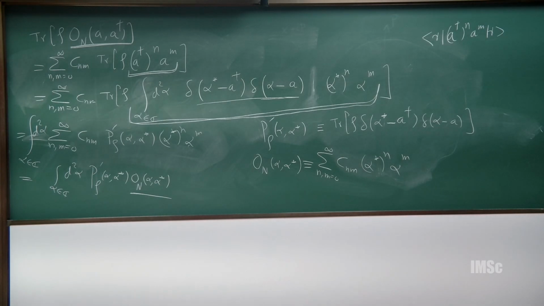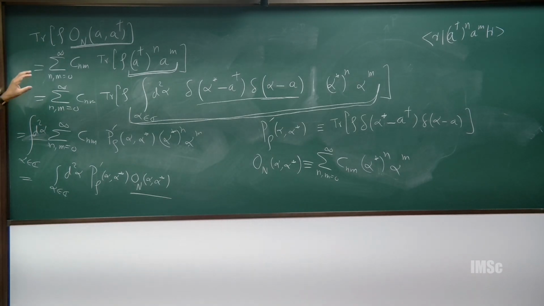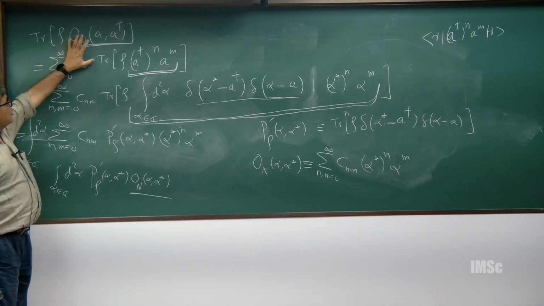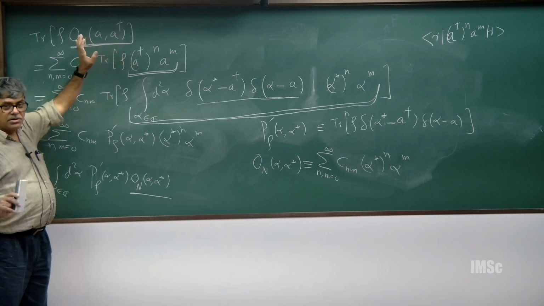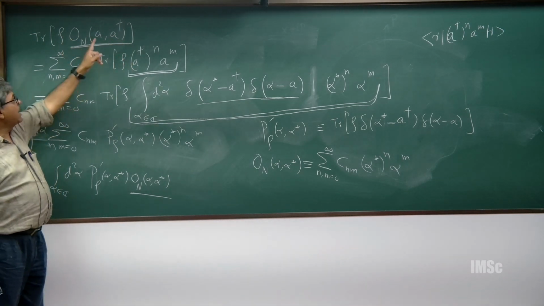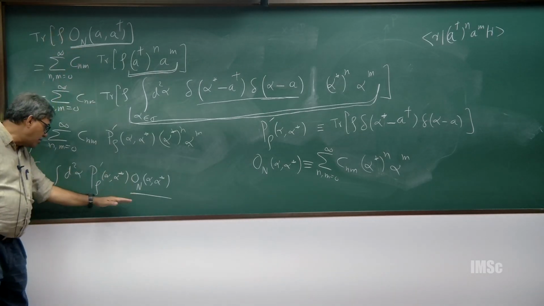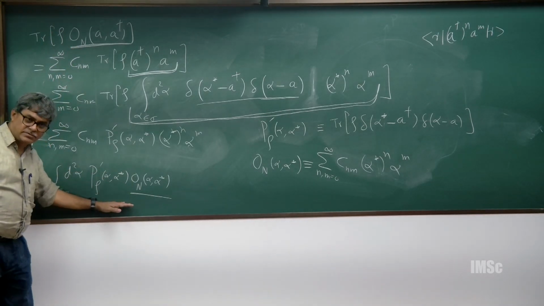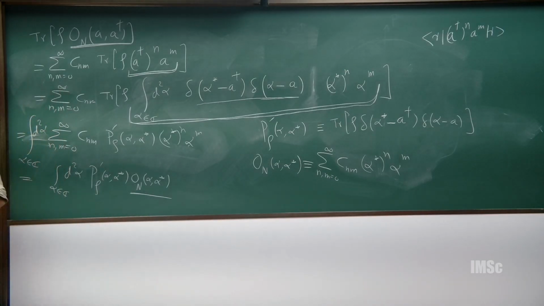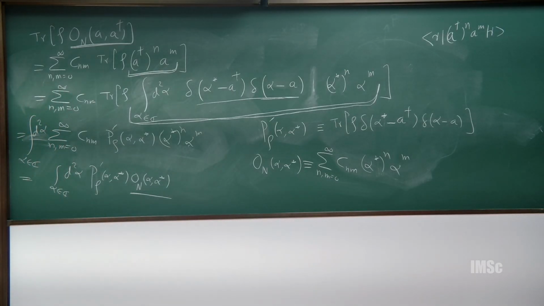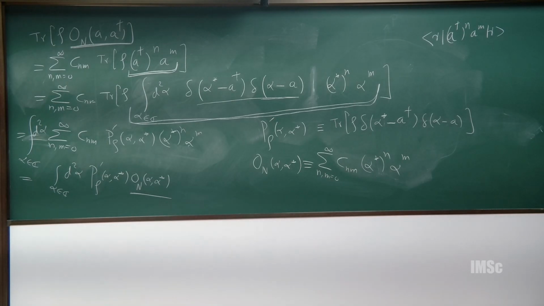And why is this important? Because in experiment, if you have a normally ordered operator, you can, quote unquote, perform a measurement of that with respect to the state, and this average value will be governed by this average value.